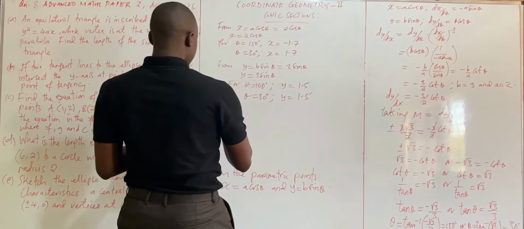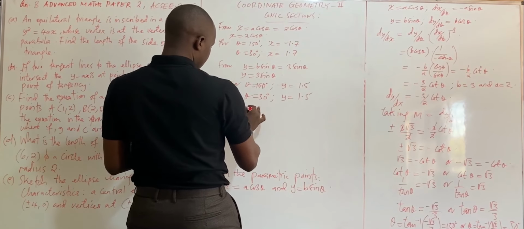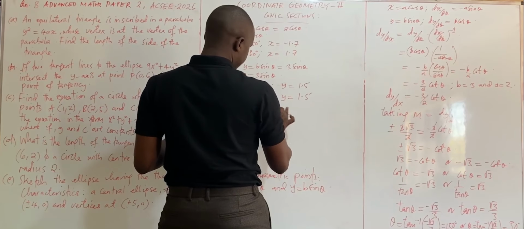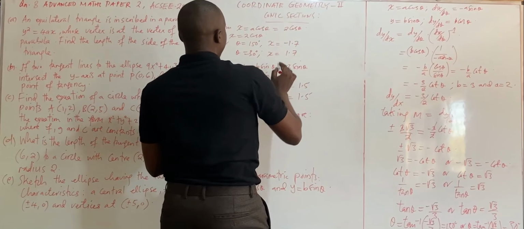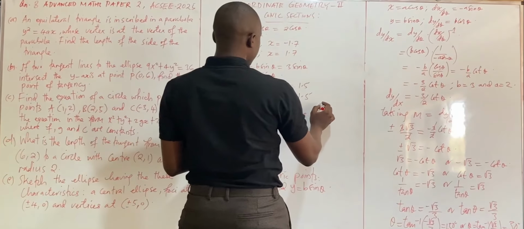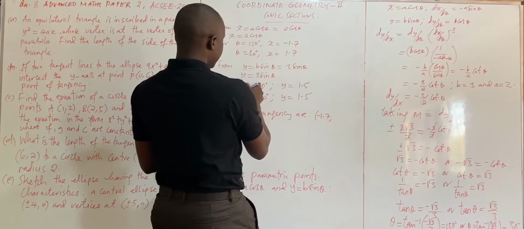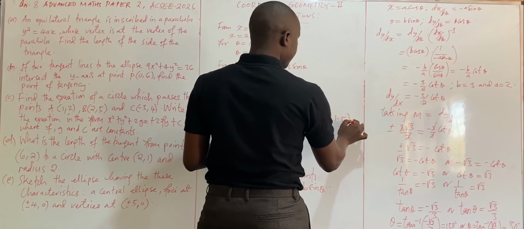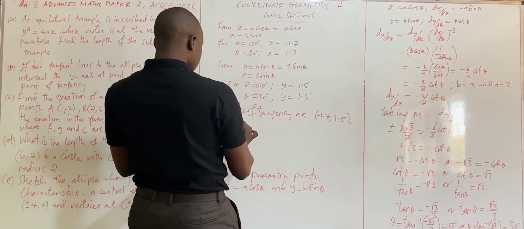So now we say the points of tangents are, for 150 degrees, the x coordinate produced was negative 1.7, comma, and for y we got 1.5. So that is the point for one tangent line.